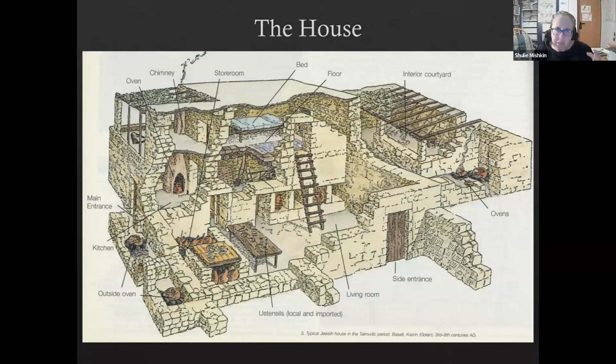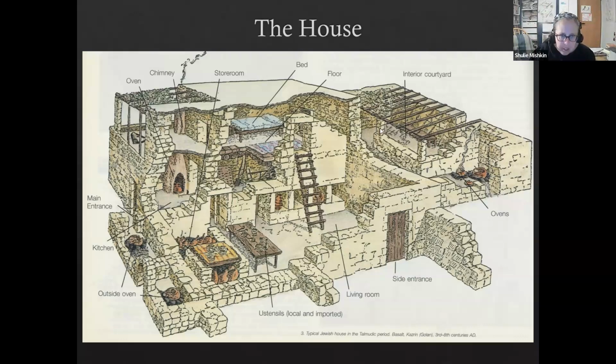So you have to have some kind of window. You need some air, but it has to be open. So the windows are going to be very high up on the wall and very small. You don't want people coming into your house. You don't want rain coming into your house. So you have very little light and fresh air. So you're going to spend as much time as you can outside in this courtyard. And we're going to talk about the courtyard.